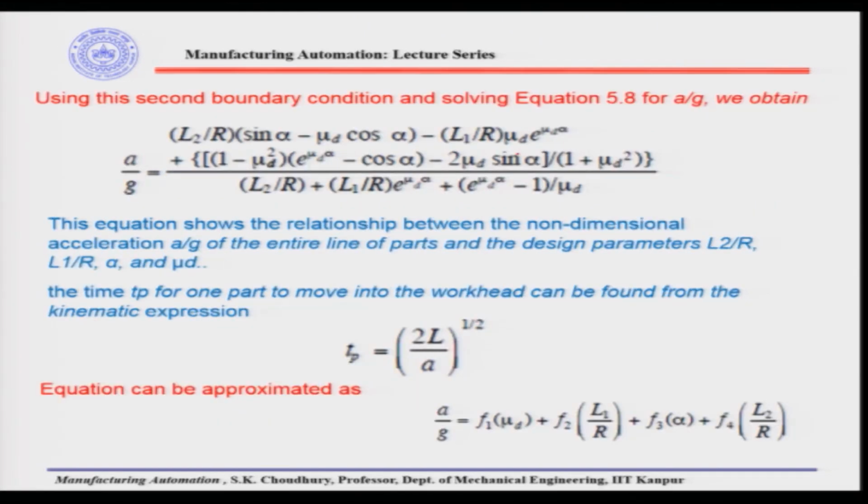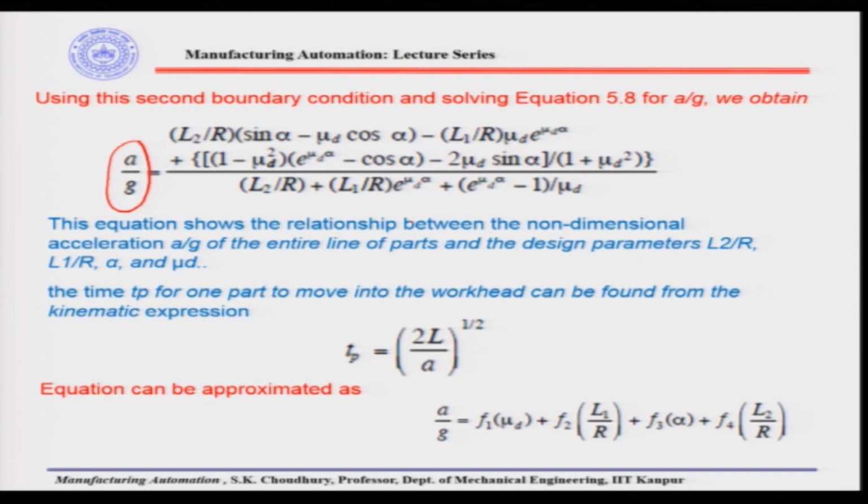And using the second boundary condition and solving the equation given earlier, for A by G we can find that it is equal to L2 by R minus L1 by R mu d e to the power mu d alpha plus so on and so forth.